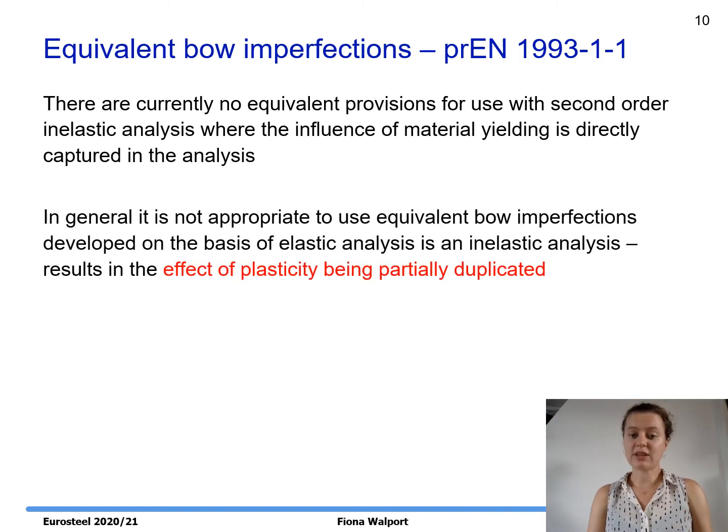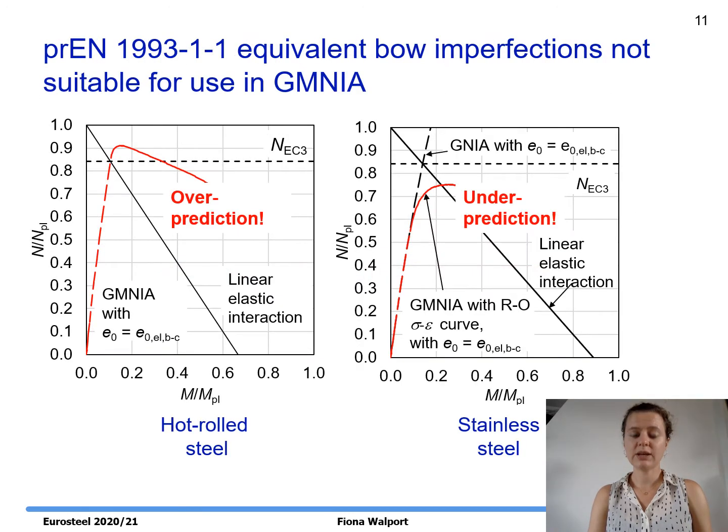In general, it is not appropriate to use the same imperfections for inelastic analysis due to the effect of plasticity being partially duplicated. To illustrate this point, in these figures we can see that utilising the back calculated imperfections derived for the elastic cross-section check as an example can result in both overestimations and underestimations of system strength depending on the material response considered.